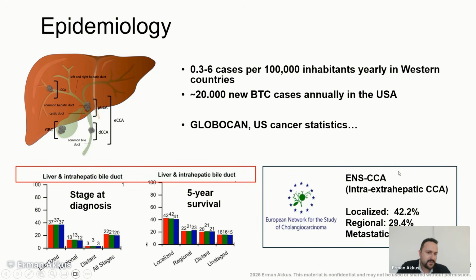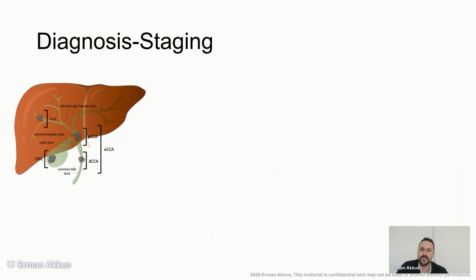But according to the registry in Europe, intrahepatic and extrahepatic cholangiocarcinomas were included, excluding gallbladder cancers. And 40% of patients presented with localized disease, 30% with regional disease, and 30% were metastatic at the diagnosis.